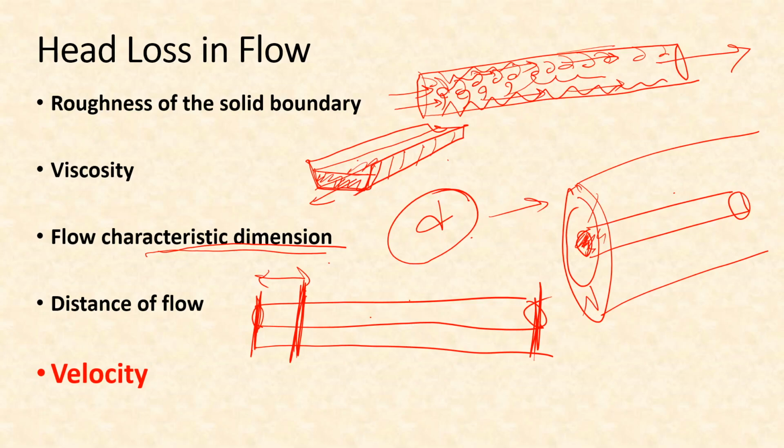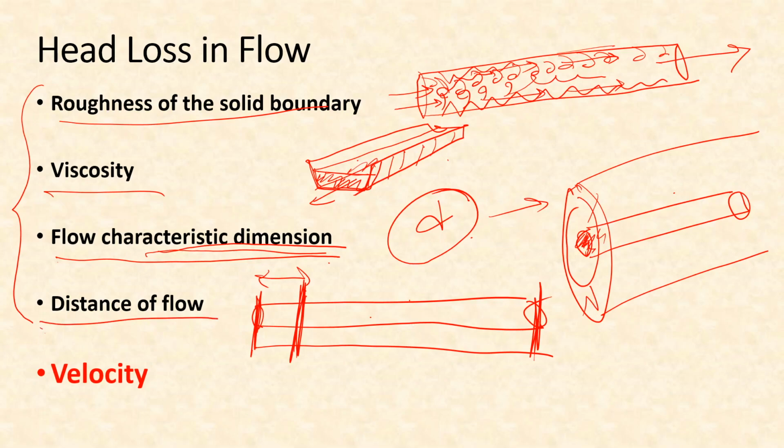In case of velocity, we say that more head loss causes more velocity, or more velocity causes more head loss. In case of these first four terms, it was quite obvious that more roughness causes more head loss, more viscosity causes more head loss, less diameter causes more head loss, then greater distance causes more head loss.